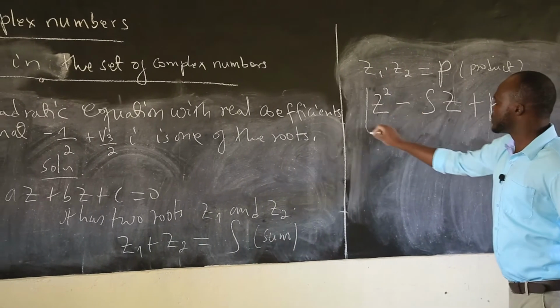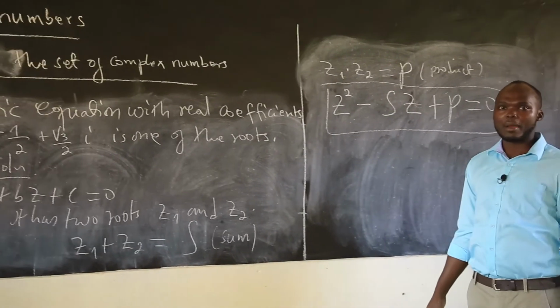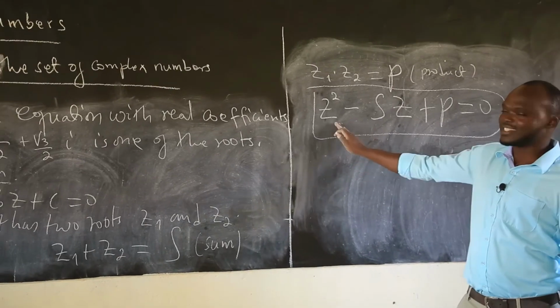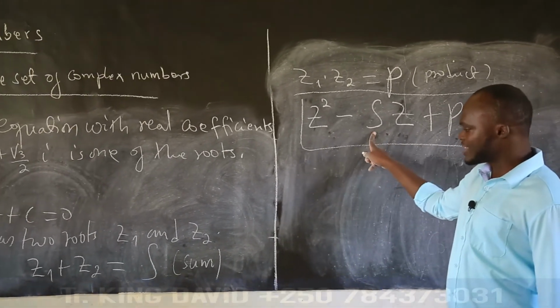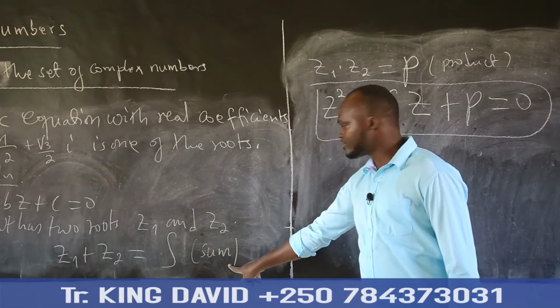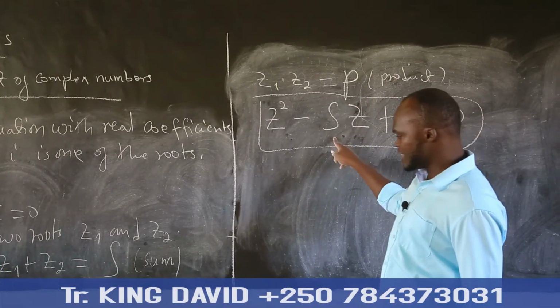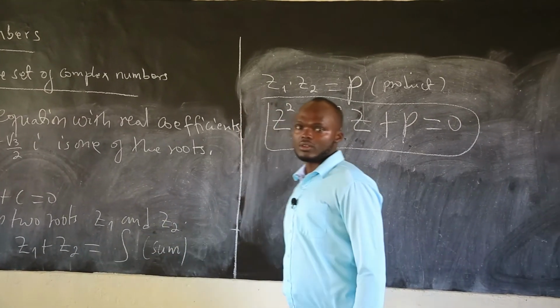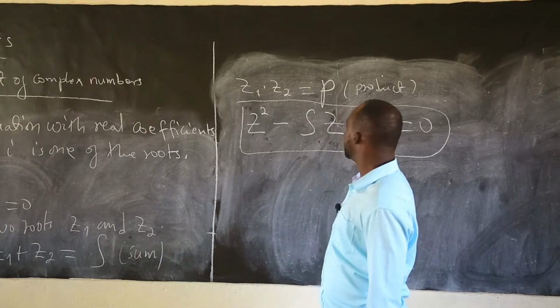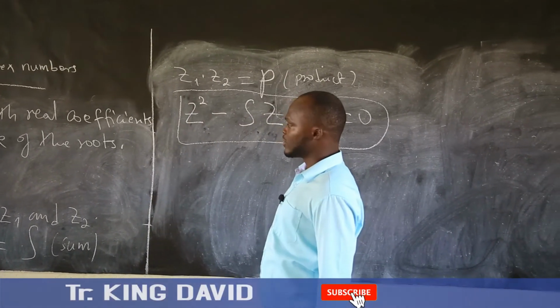So s is sum, p is product. To get s, the sum, we add the two roots, and to get the product, we multiply the roots.